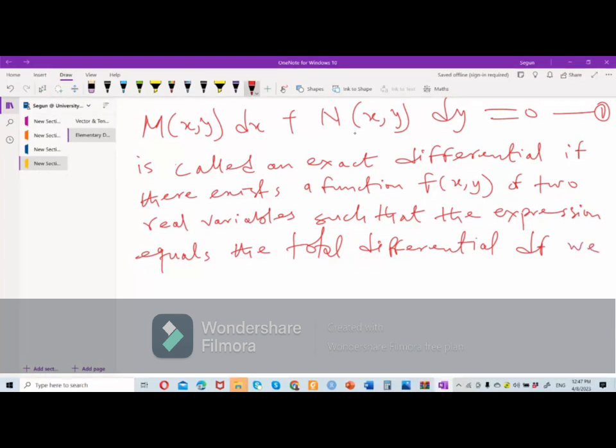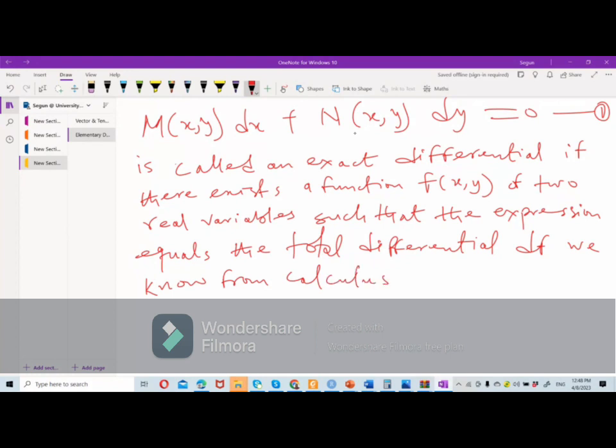We know from the calculus that df is equal to the partial f with respect to x, dx, plus the partial f with respect to y, dy. Remember, when you have more than one variable, you use partial derivatives.